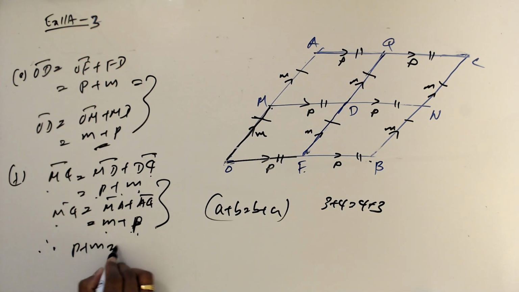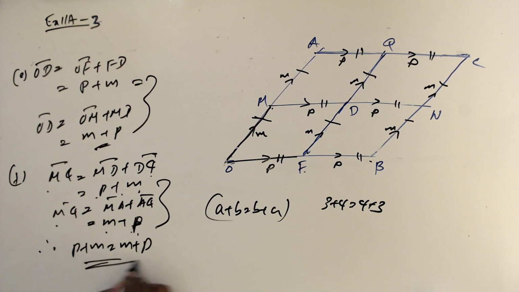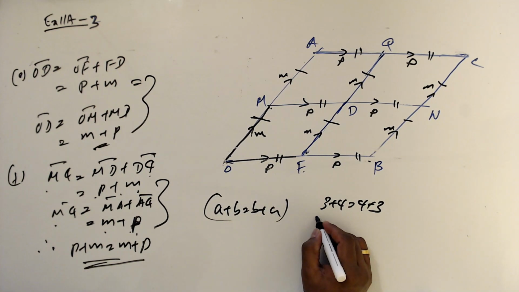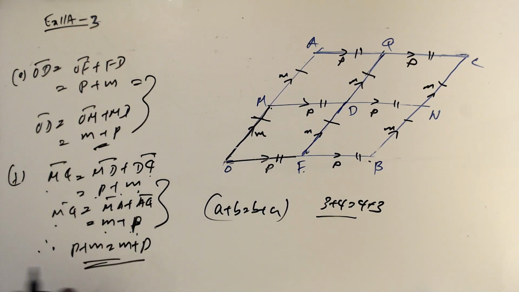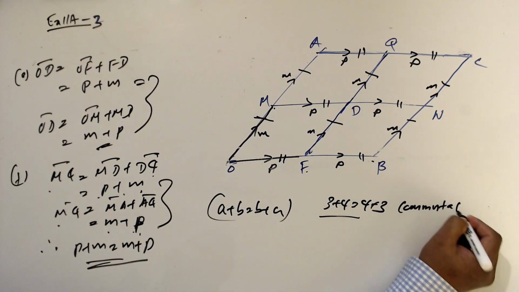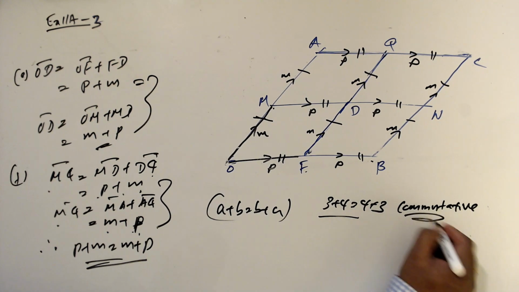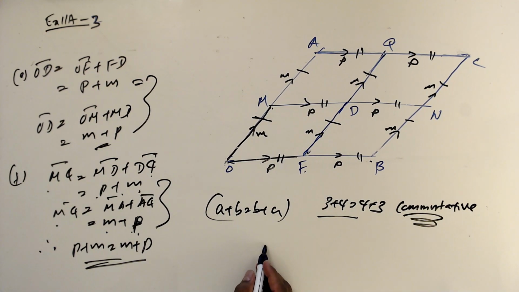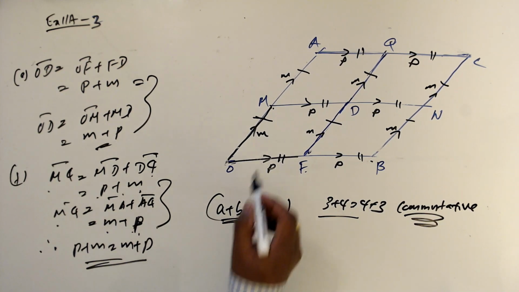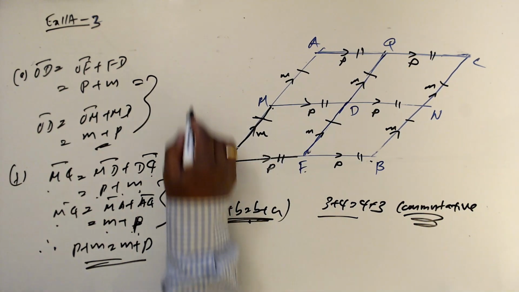P plus M makes M plus P. So vectors are associative. Sorry, it's not associative, that is commutative. So vectors are also commutative. The proof is usually given by the parallelogram.